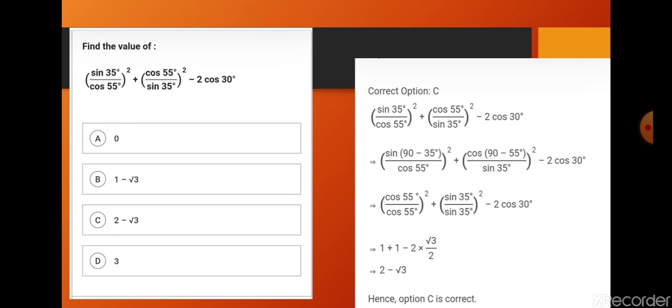Similarly, cos 55 degree divided by sine 35 degree can be written as sine 35 degree divided by sine 35 degree, nothing but 1. So 1 square plus 1 square minus 2 cos 30 degree. Cos 30 degree is root 3 by 2. 2 will get cancelled, hence 1 plus 1 minus root 3, which equals 2 minus root 3. Hence the correct option is C.